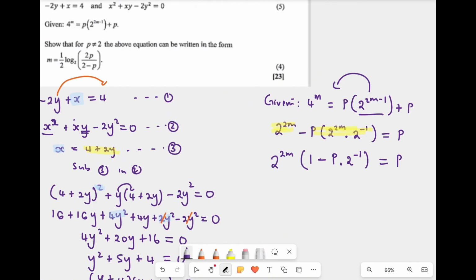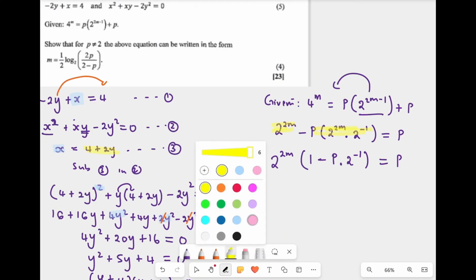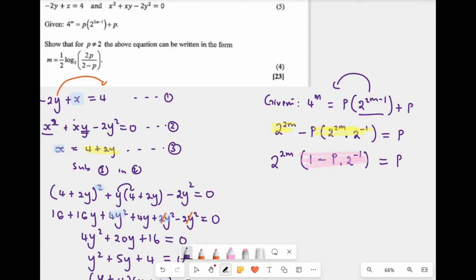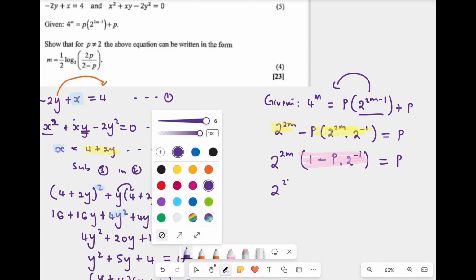Now I can divide on both sides by this bracket. Let me sort it first. This is the same as 2 to the exponent 2m into, now remember, 2 to the exponent minus 1 is the same as 1 over 2.